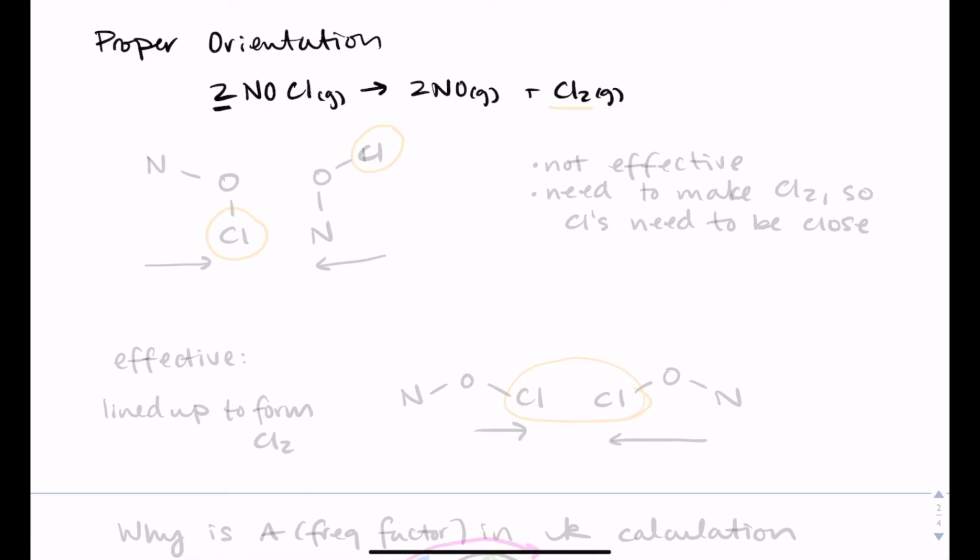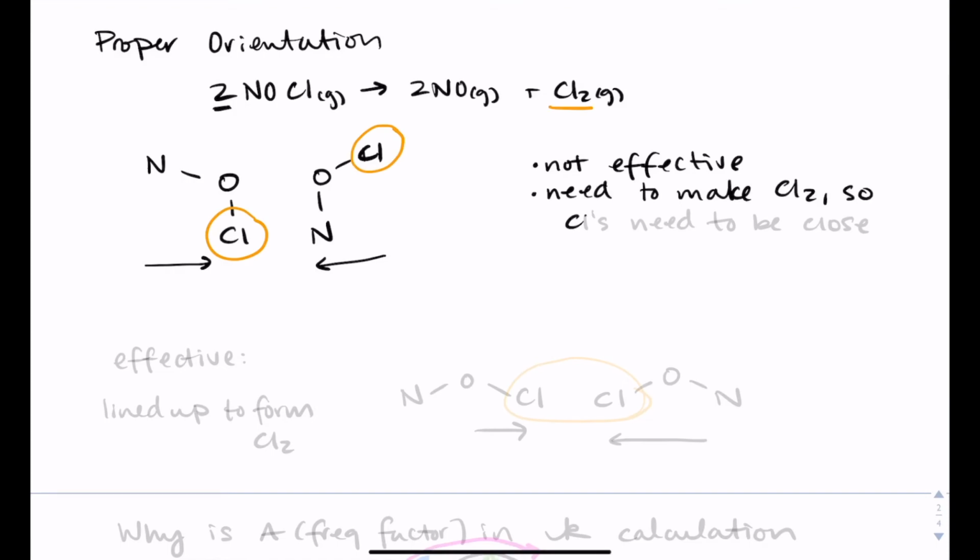If I have these two molecules and they run into each other with this orientation, the things that I'm trying to make, NO and Cl2, I mean, maybe I could make NO from this, but I'm trying to make Cl2. So my Cls need to connect to each other, so they need to run into each other. So this kind of collision would not be effective, and this would represent one of those approaches to the barrier that's unsuccessful because the molecules don't line up.